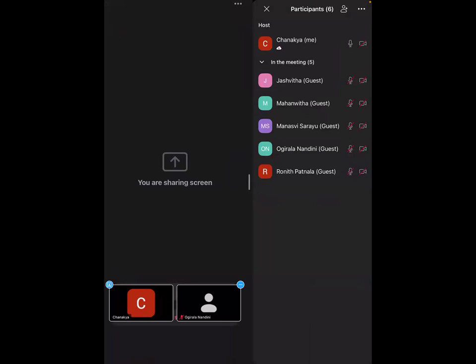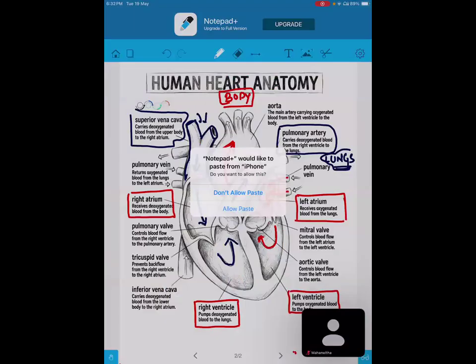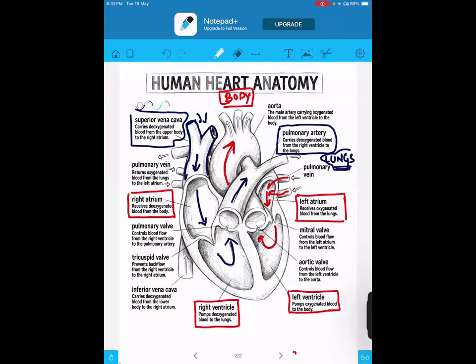So once it reaches the lungs, it has to come back again in the oxygenated form. It will be coming back through the pulmonary vein. From the pulmonary vein, it enters into the left atrium. Then it will be entering into the left ventricle. And then again, it goes into the body through the aorta. So that is how the movement of the blood will be taking place.